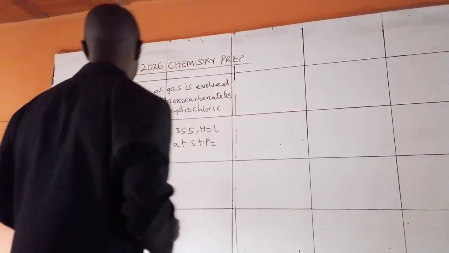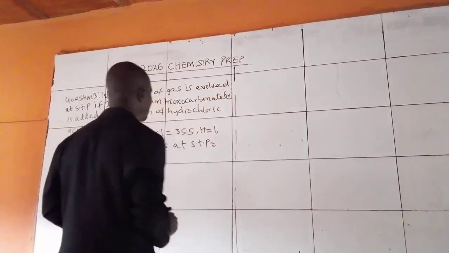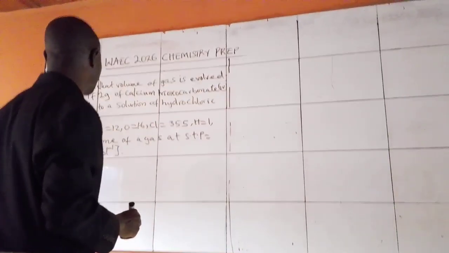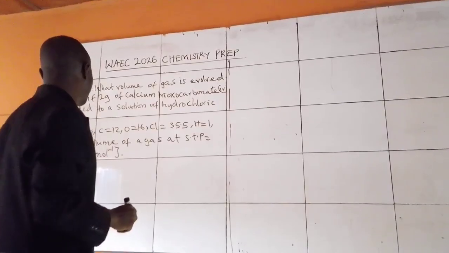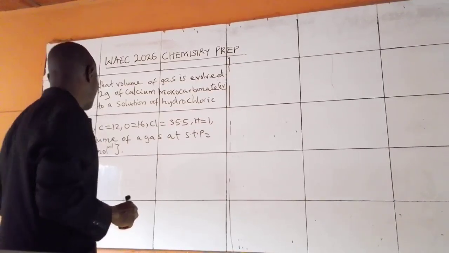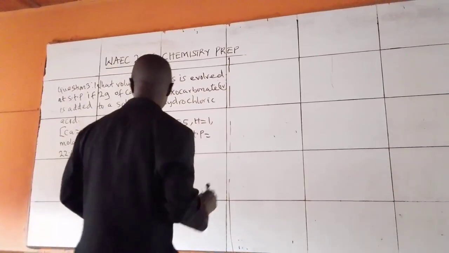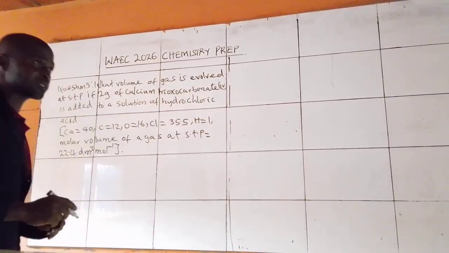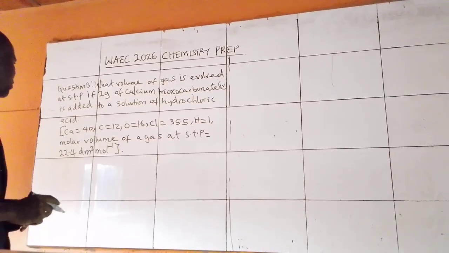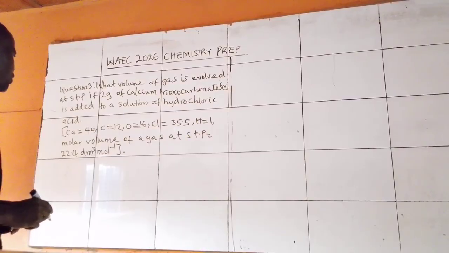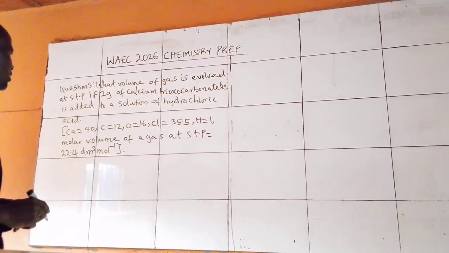And the next question says, what volume of gas is evolved at STP if 2 grams of calcium trioxocarbonate(IV) is added to a solution of hydrochloric acid? The atomic mass of calcium is 40, the atomic mass of carbon is 12, and the atomic mass of oxygen is 16.